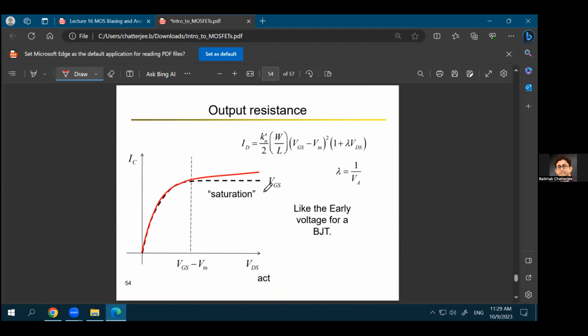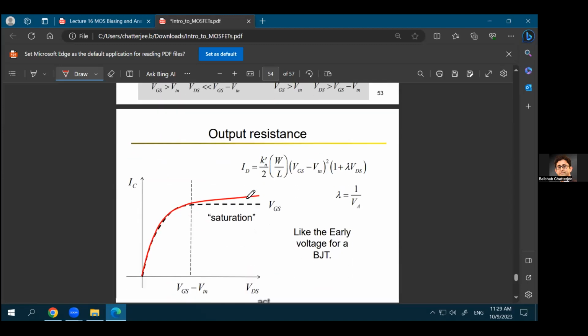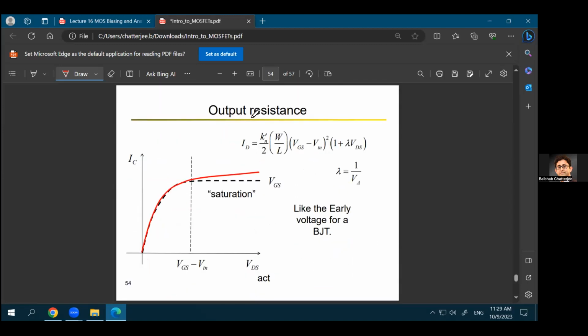You can also find out the output resistance of the MOSFET. Resistance is the ratio of voltage to current, right? So if you increase the voltage by X amount and your current increases by Y amount, the ratio of X over Y gives you the resistance.